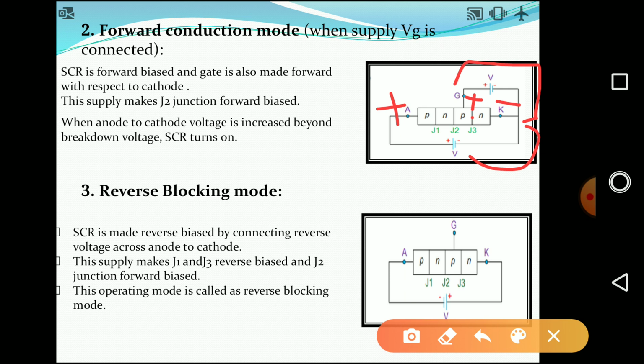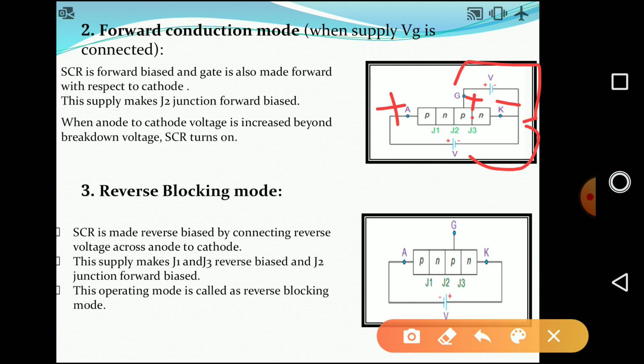This supply makes J2 forward biased, and by keeping forward voltage from anode to cathode, if we increase the gate to cathode voltage, the depletion layer at J2 goes on decreasing, and at some value of the voltage, the complete depletion layer breaks down.